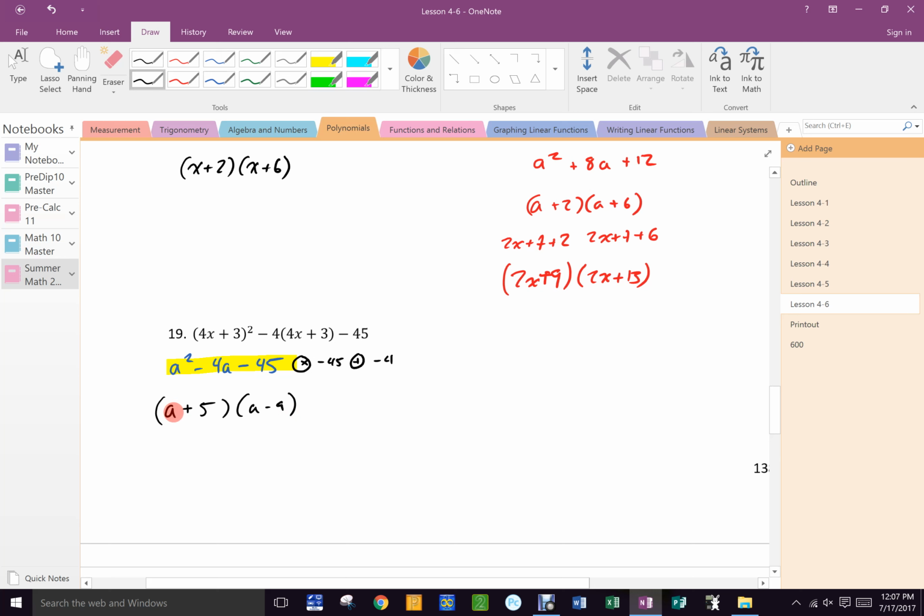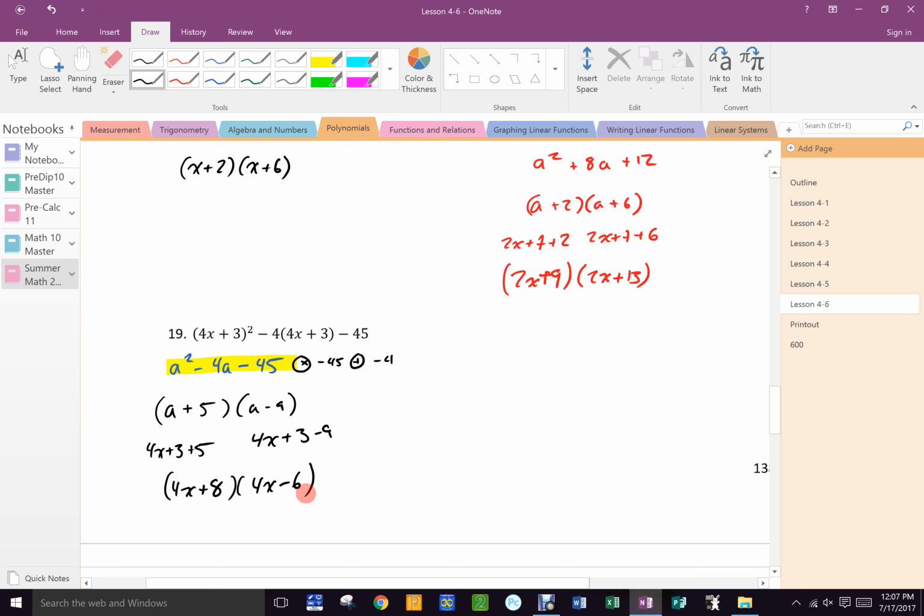Now, it's not a, what is it? 4x plus 3 plus 5. What's that? 4x plus 8. And it's not a minus 9, it's 4x plus 3 minus 9. What's 3 minus 9? 4x minus 6. And then I'm done.